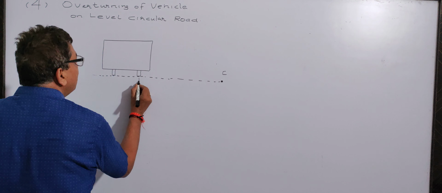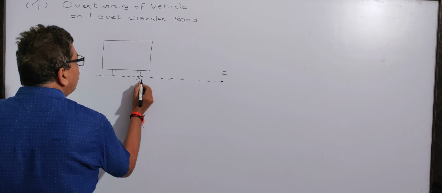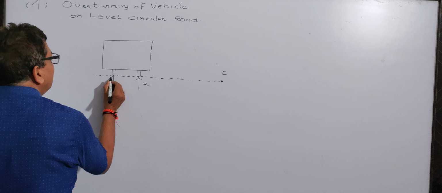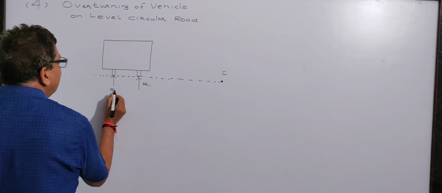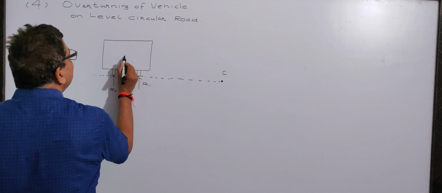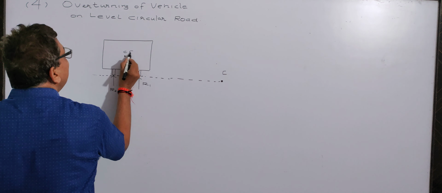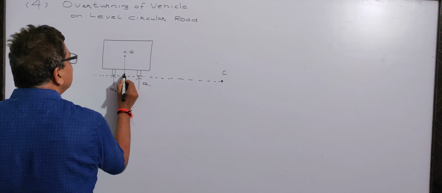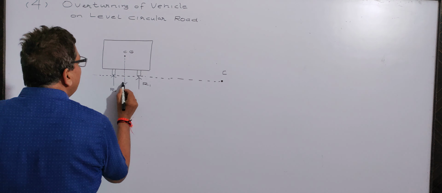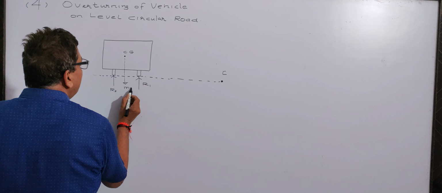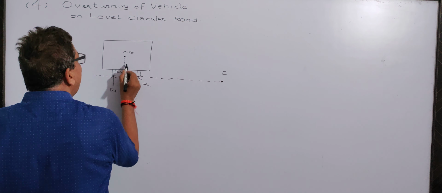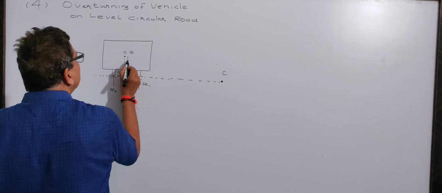Now let us take R1 is the normal reaction, and here R2 is on the outer wheel, right? And let us take this is the center of gravity of the vehicle, CG, and let us say this represents mg, and this is A.